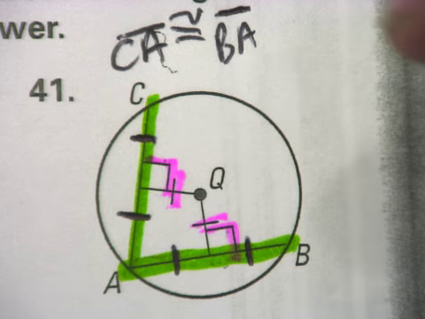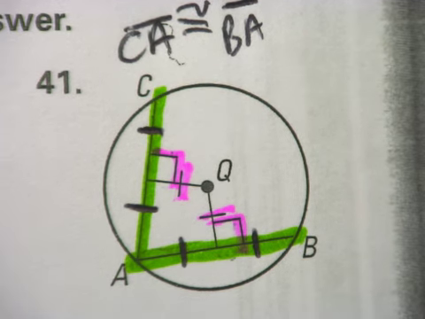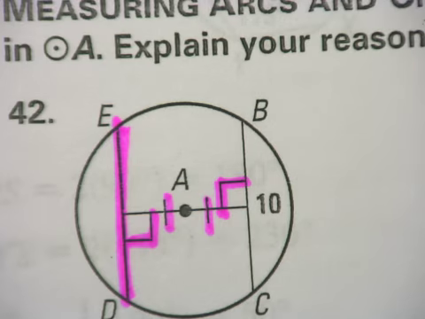They didn't give any points here, so I could name this segment as congruent to this segment there. They didn't put any letters there, but I can conclude that from the rules that we gave earlier.